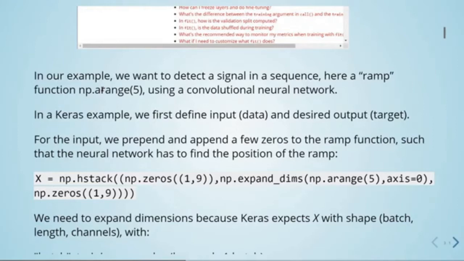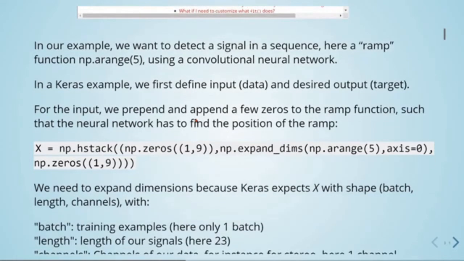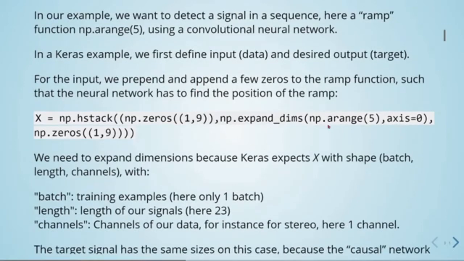It's called the target. For the input, we will prepend and append a few zeros to the ramp function, such that the goal is that the neural network has to find the position of the ramp. So here we have our ramp. We have 9 zeros before, 9 zeros after, and our ramp has 5 numbers, so we have a total of 23 numbers.